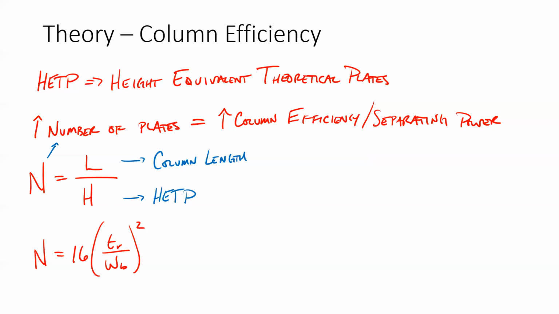And so what this means is that for each peak, we'll have a different number of theoretical plates, right? And really all that means is that for one compound, our column's really good at slowing it down. And for another compound, it's not as good at slowing it down, right? But we want that because we want it to be different for different compounds. And so this number will be different for different peaks in our chromatogram. Okay. But then, of course, if you know the length of the column, you can figure out the plate height from that.